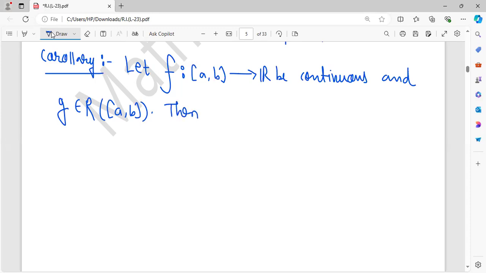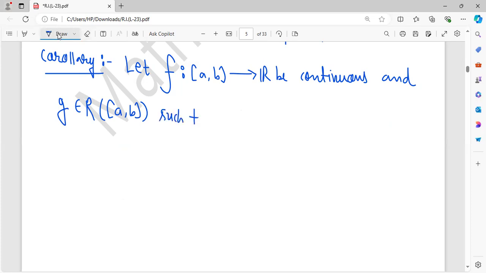Then there exists x naught belongs to the closed interval [a, b] such that... sorry, one minute, I have not written. And g(x) is a Riemann integrable function.